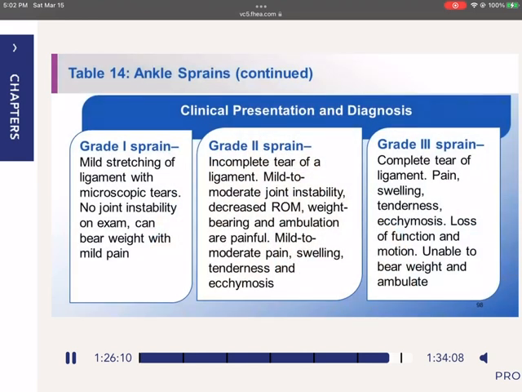What's the etiology or mechanism of injury? With a grade 1 sprain, it's mild stretching of the ligament with microscopic tears in the ligament, but there's no evidence of joint instability on exam. The person could still bear weight, with a little bit of discomfort.